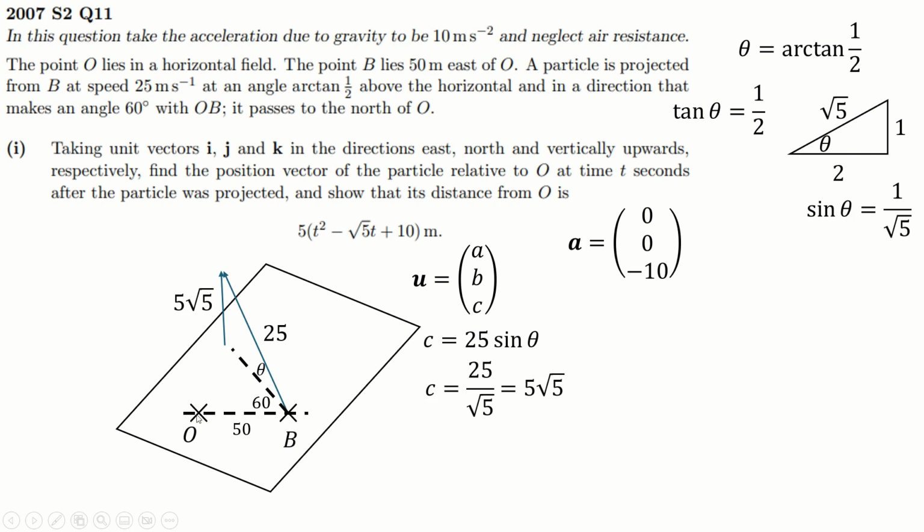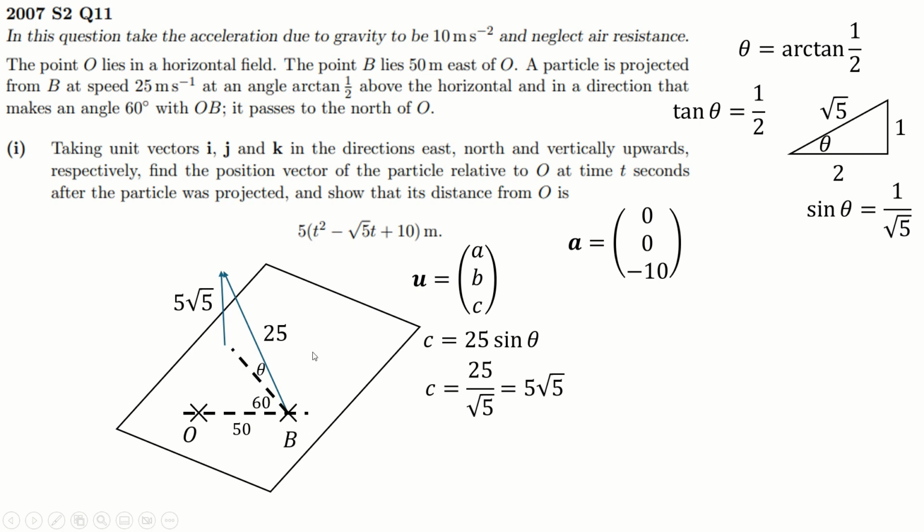Now, what about the i and the j components of velocity? At this point, we can tilt our heads and imagine we're looking at this from directly above, and completely ignore the k components. In that case, this line here is the place where the speed is running along. And we can just do 25 cos 60 for this component and 25 sin 60 for this component.